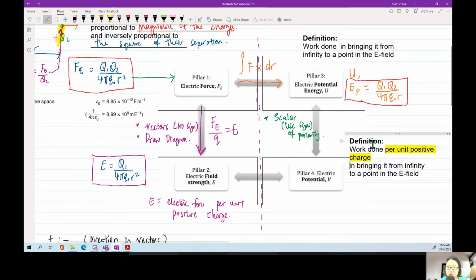All right. So the last part: when it comes to potential, we travel downwards, we take potential energy per unit charge. So divide by Q, meaning this equation now will look like V1 is equal to Q1 over 4 pi epsilon naught r, just like this one is E1.